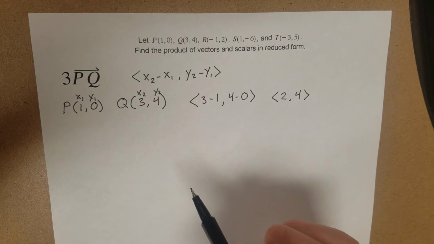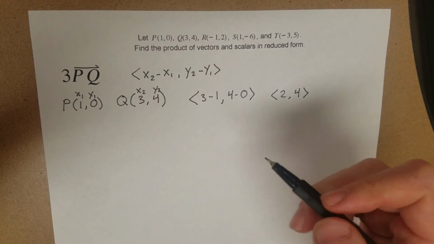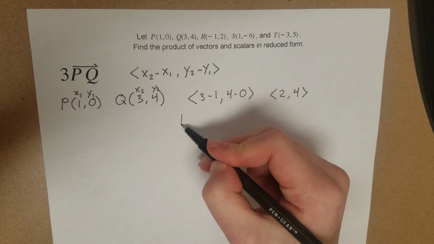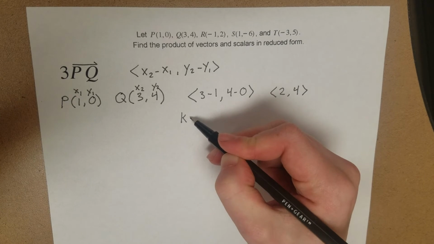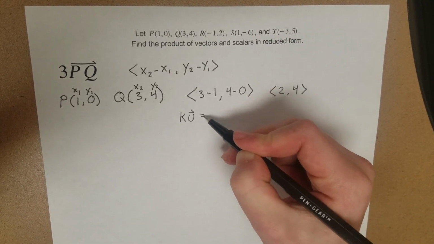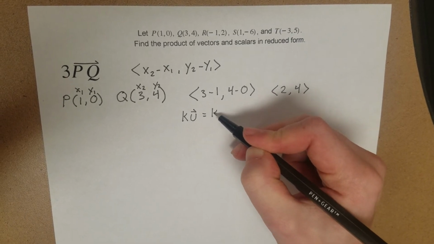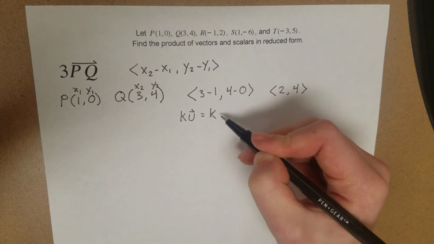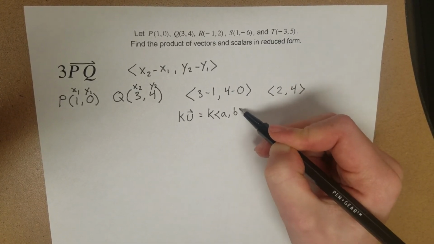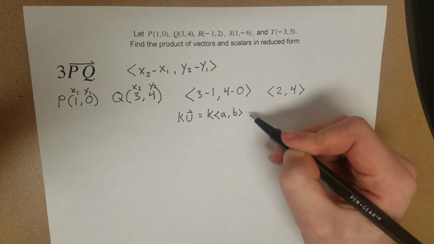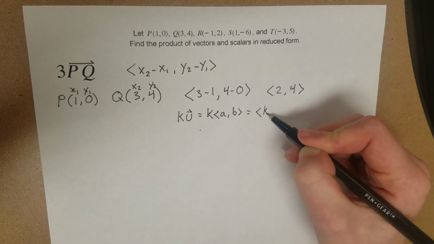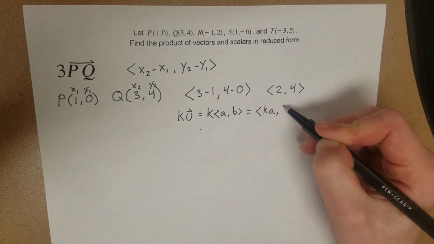PQ. In your notes this week, you learned the following formula for scalar multiplication of a vector. K times a vector, generically we're just going to call this U, with components a, b, is the same thing as the components being Ka, comma, Kb.